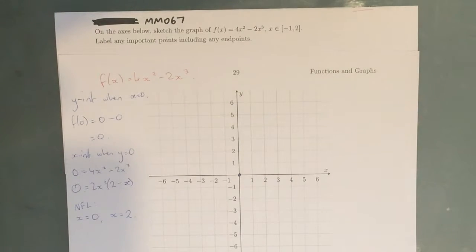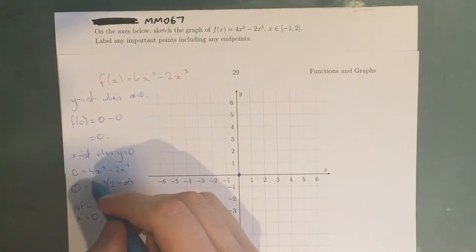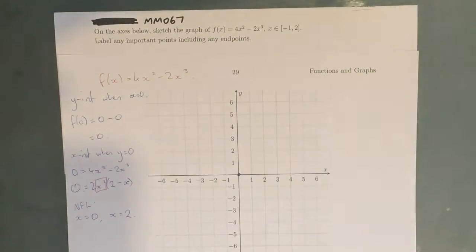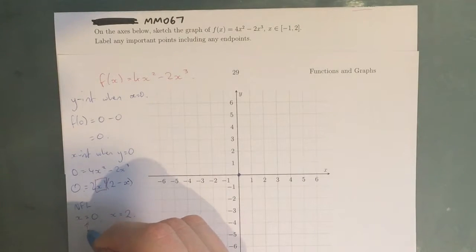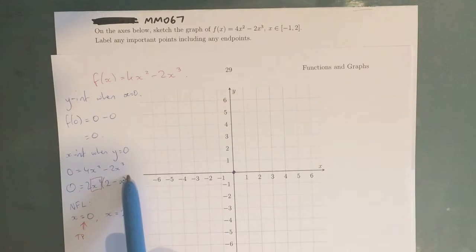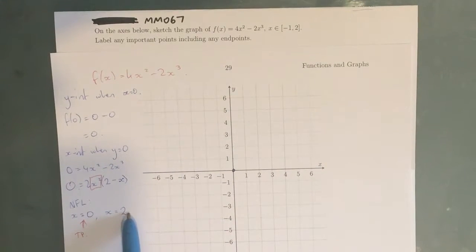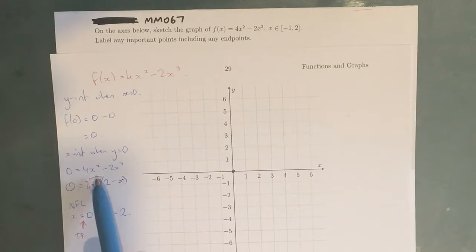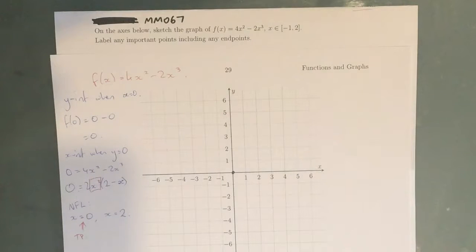Now, the important thing to note here is that because there is an x squared on the outside, this x equals 0 is a turning point, and that happens because of this squared here. If that squared was on the 2 take x, there would be a turning point at x equals 2. So whatever bracket or term the squared is on, that's where the turning point occurs.